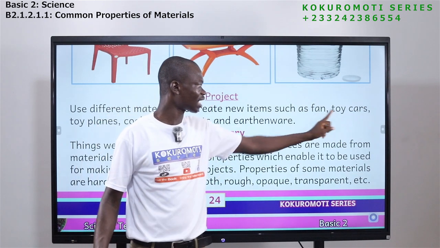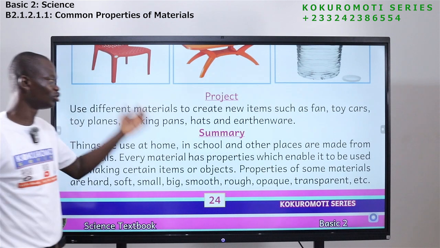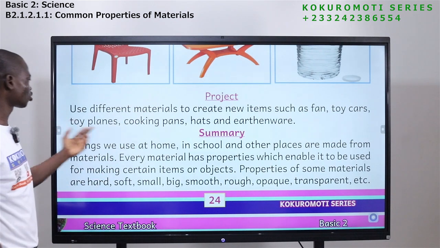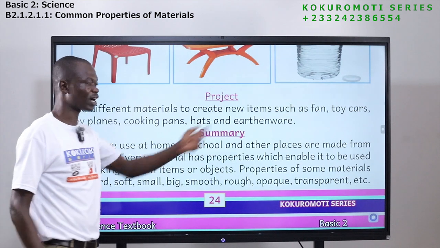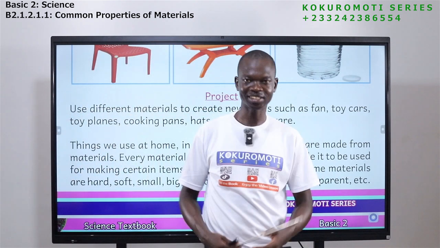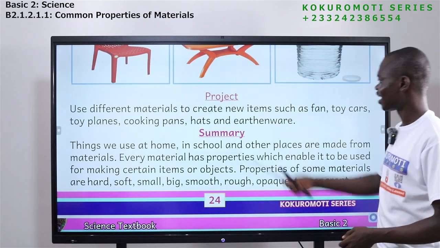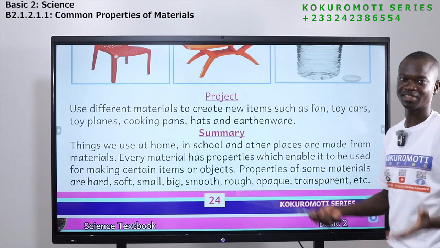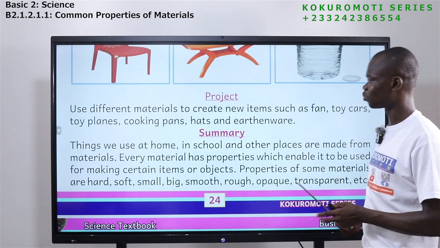Then this one, toy cars. So you use the materials to make toy cars, toy planes, cooking pan, hats, earthenware. So earthenware you can use clay soil and then you do it. The material that you need is what? Clay soil, right? Hats too. You know the material that you use. Okay, so these are the things that I expect you to do as your project.